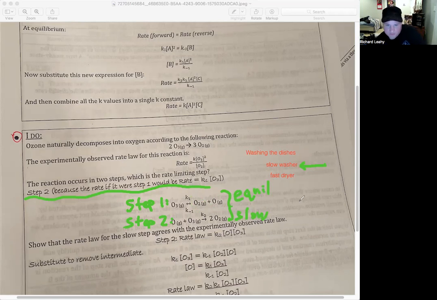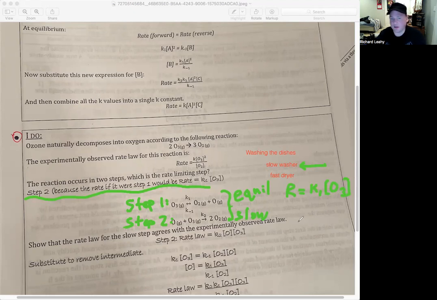Step one is ozone breaking down into oxygen gas and oxygen by itself. So the rate would be this: rate equals some K. I'm going to call it K1 because it's the first step, and it would be based on the reactant, which is O3.